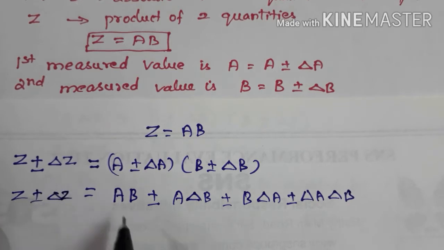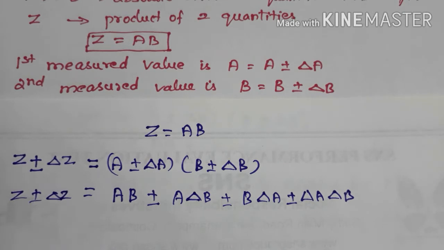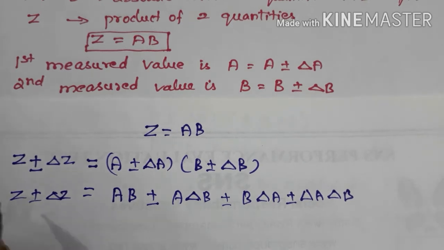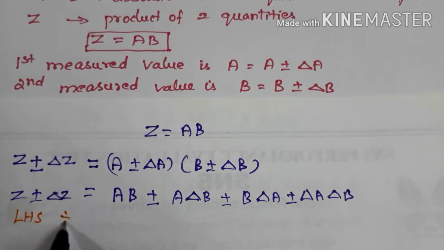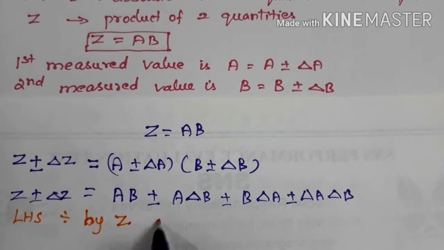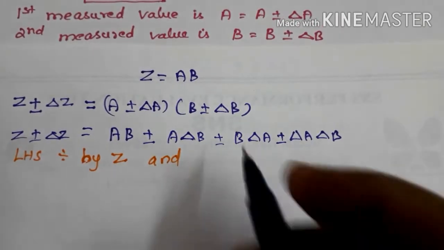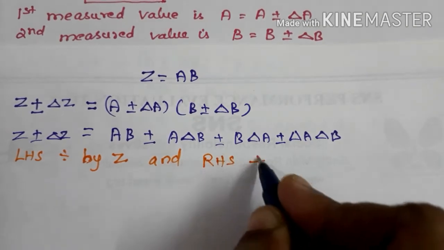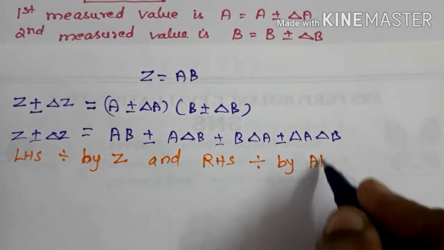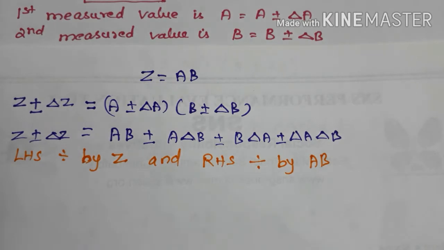Now children, for further simplification, what you can do is, you can divide the LHS by Z and the RHS value by AB. For further simplification, you have to do this.